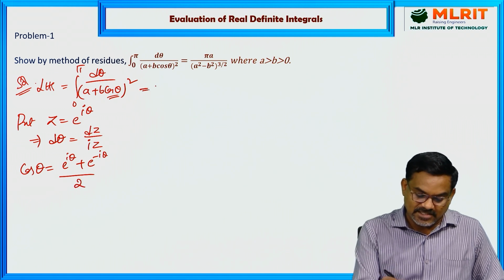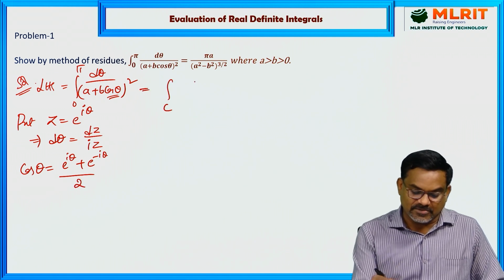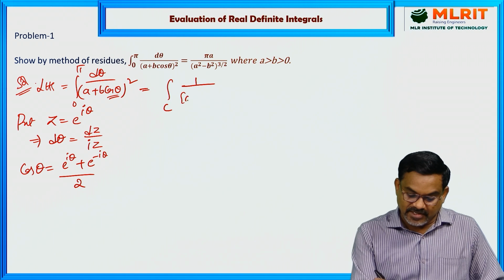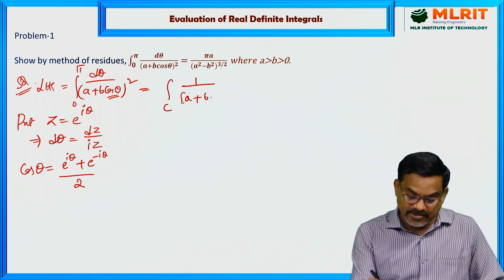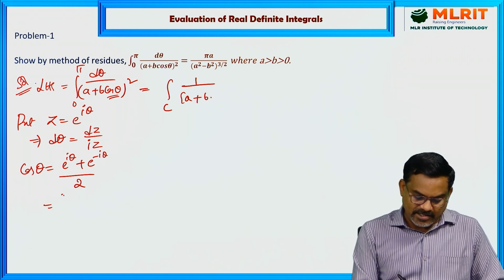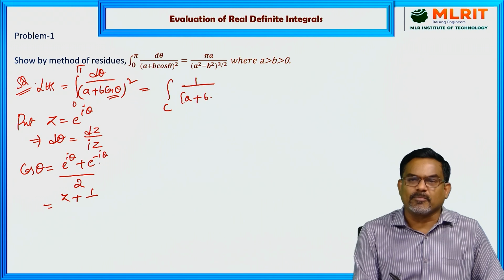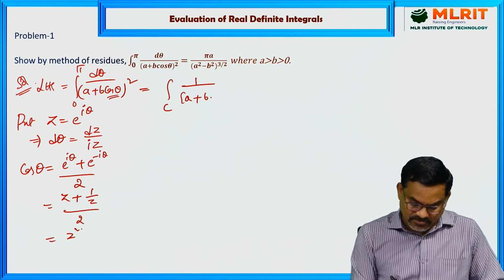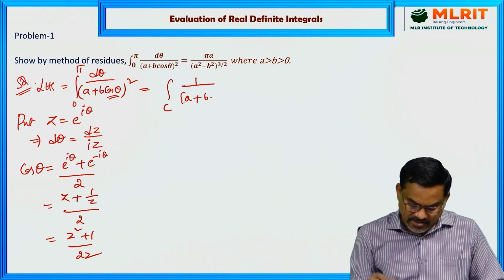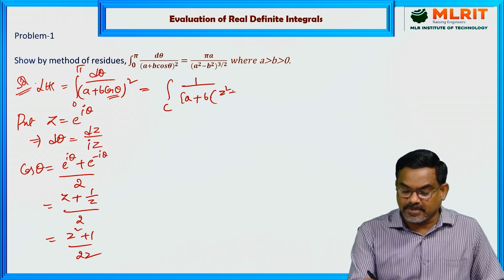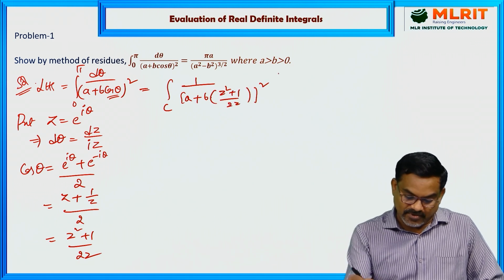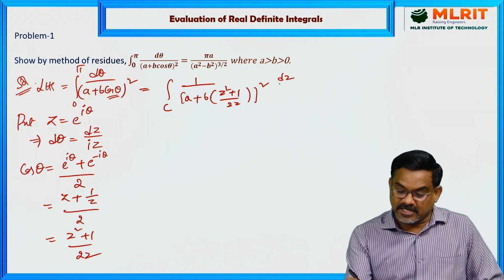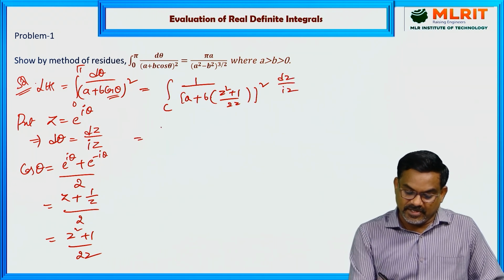Then this LHS becomes, along the curve C, 1 by a plus b into, where e power i theta is z and e power minus i theta becomes 1 by z, by 2. Simplifying, we get z square plus 1 by 2z, whole square, and d theta is dz by iz. Here 1 by i we can write outside.